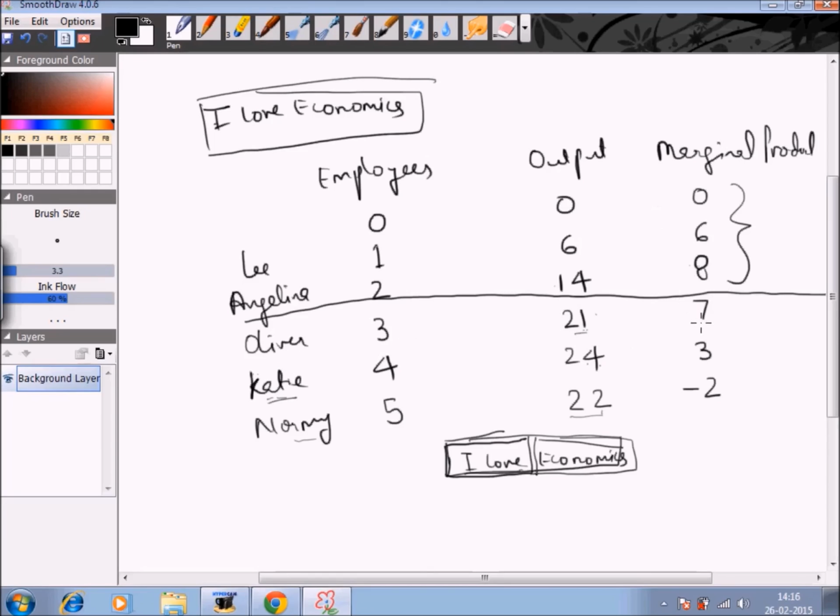my marginal productivity starts going down. And as we go on, you can see that the marginal productivity has started going down. And till Katie, the total productivity was although increasing but at a decreasing rate because the marginal productivity was decreasing.